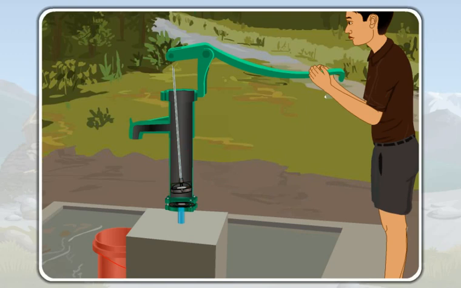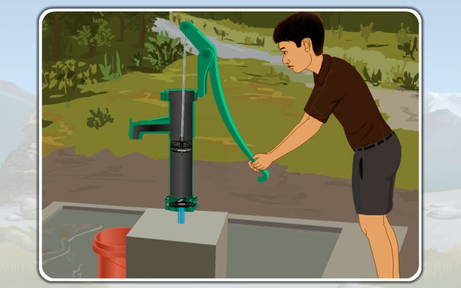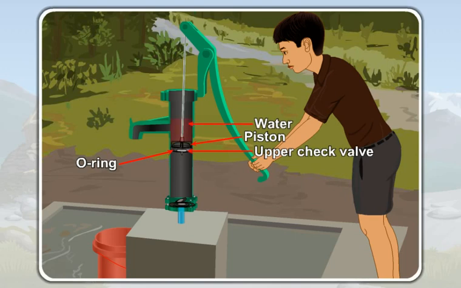Now, again, when we press down the handle of the pump, the piston along with the O-ring and the upper check valve moves up. This time, because of the water above the piston, the check valve closes, so the water above the piston cannot go down.